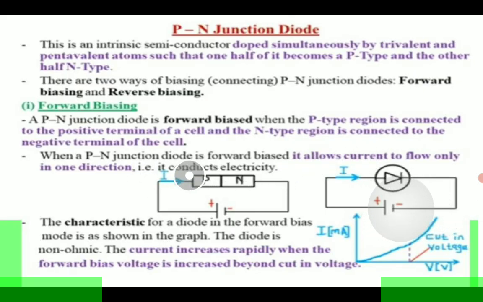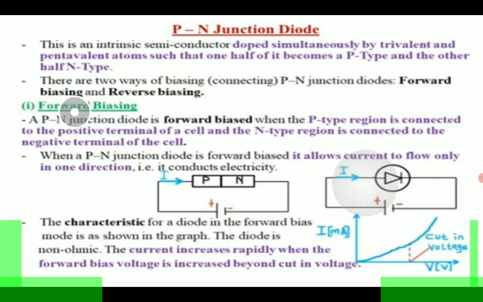In other words, it conducts current in only one direction, such that if you reverse it, let's say the n end is connected to the positive of the cell, and the p end is connected to the negative of the cell, it's not going to conduct. So for it to conduct, the n end should be connected to the negative terminal of the battery or the cell, and the p end should be connected to the positive of the cell.